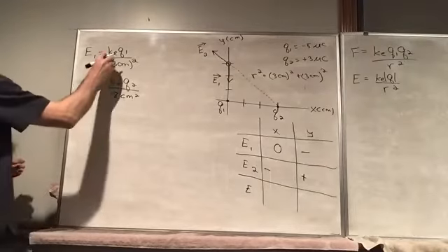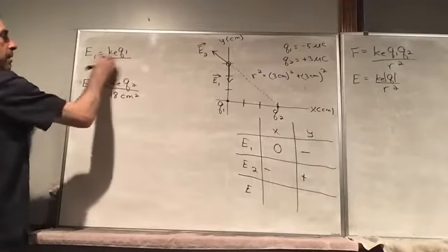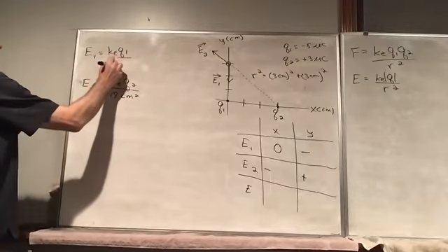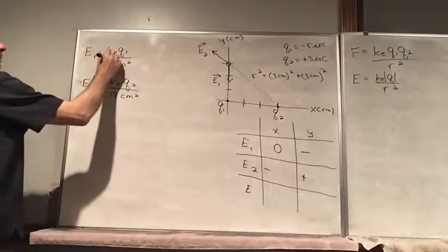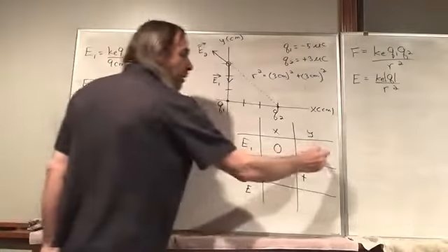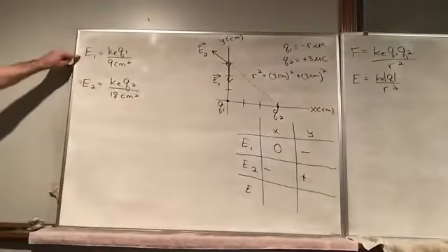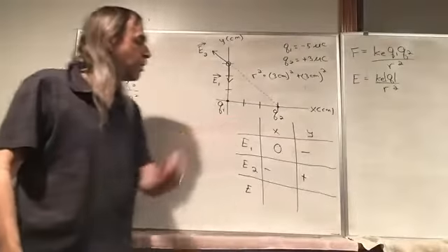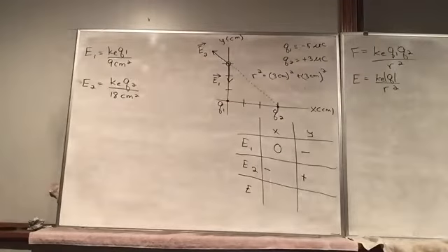So this one, we can get rid of the parentheses here and say 9 centimeters squared. Okay, so again, it's very straightforward to find E1 and E2. And here for E1, once we get this value, we just put it there. There's no breaking anything into components. E1 is purely in the y direction.